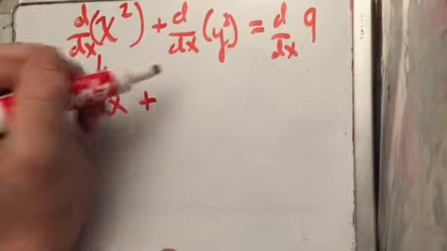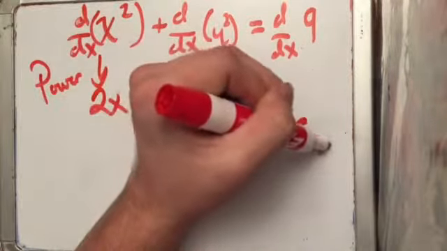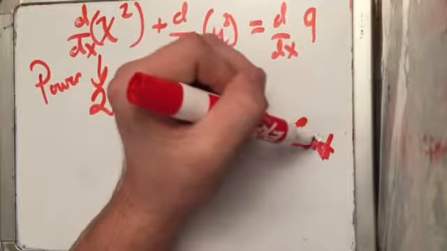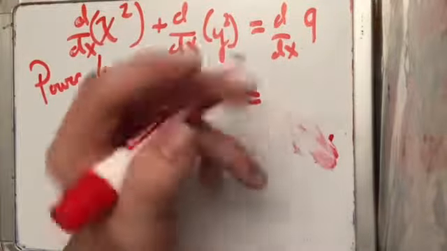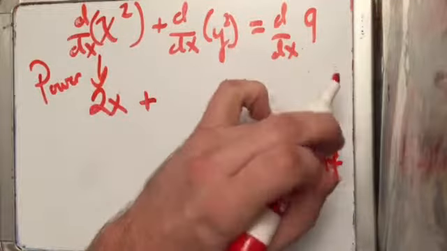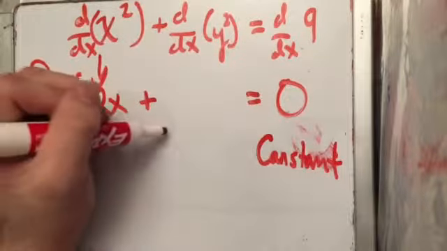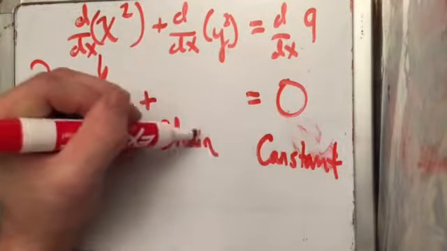We'll skip the y squared term for a second. Using the constant rule, the derivative of a constant is 0, so the derivative of 9 is 0.